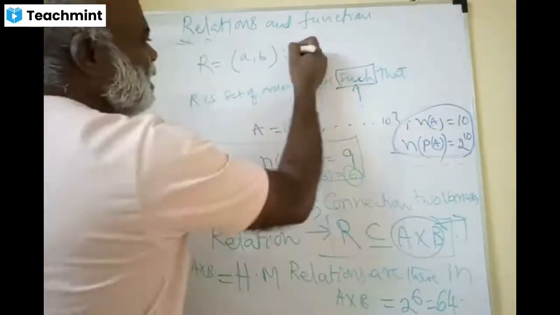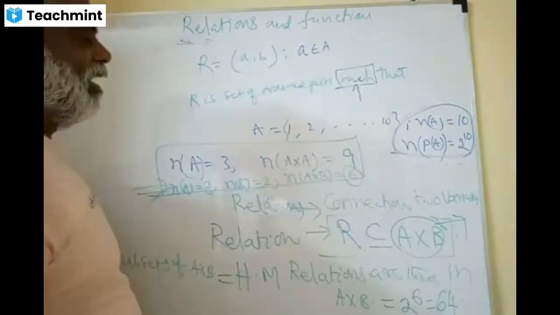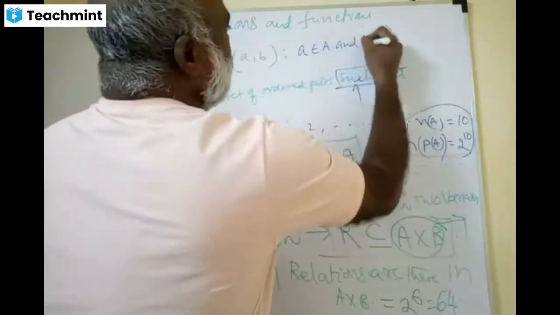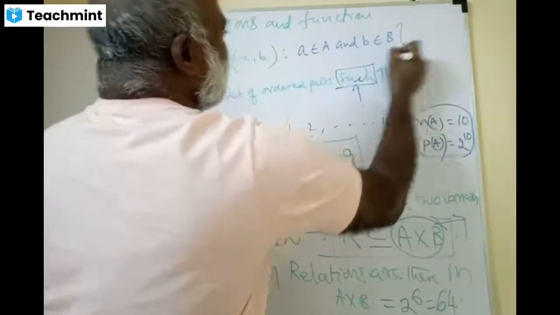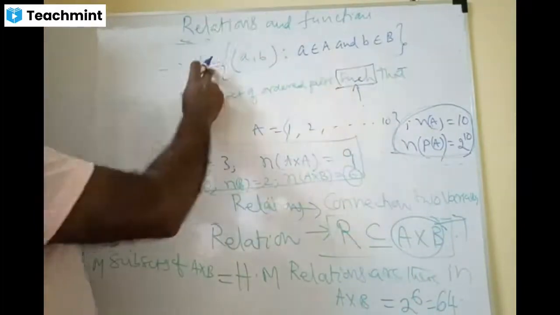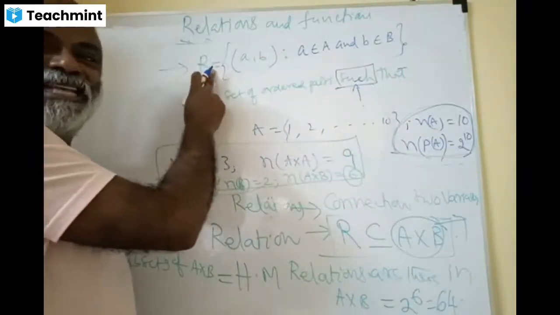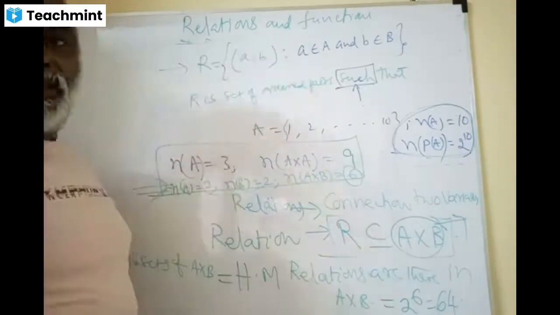Now let me write after this: such that a belongs to A and b belongs to B. That's the relation here. R is the relation, the set of ordered pairs.